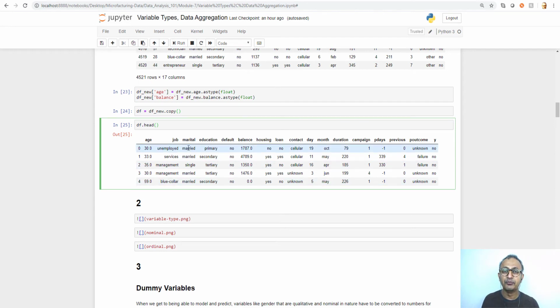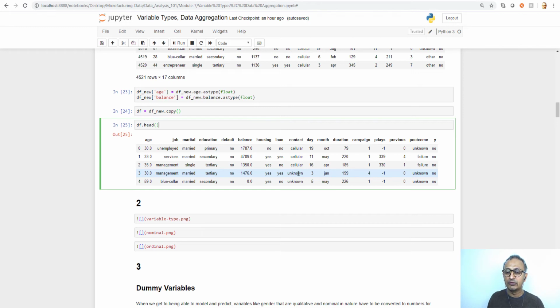So there are some demographic characteristics, for example, whether that customer is married. Every line item is a customer, and we see whether that person is married, what kind of educational level he has, what kind of job he works at, whether he has ever defaulted previously, does he own a home, does he have an outstanding loan, what kind of contact, how do they call, and so on.